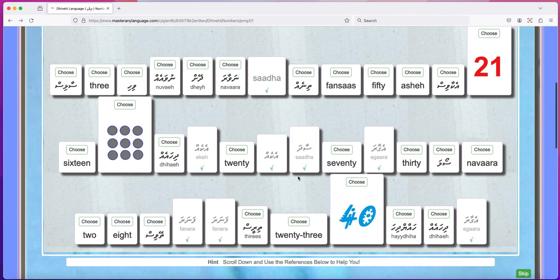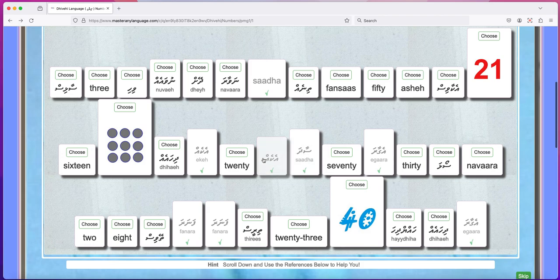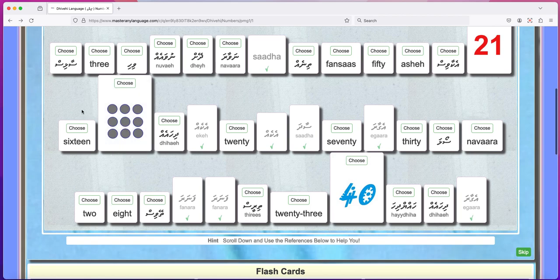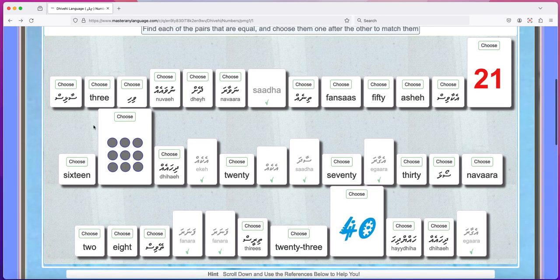Okay, and yeah, I do have some familiarity with not these numbers, but some other numbers that sound the same or similar in a different language. So that's probably going to help me a little bit. But let's just go through and see.